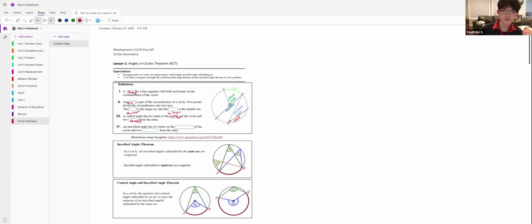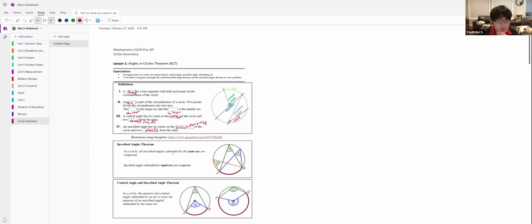Like this is the radius, and this is also the radius. Okay, an inscribed angle has its vertex on the circumference of the circle, and 2 chords form the arms, not radii.